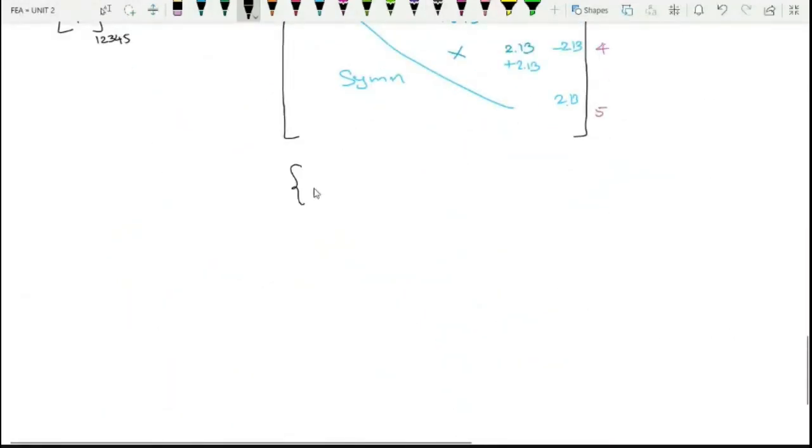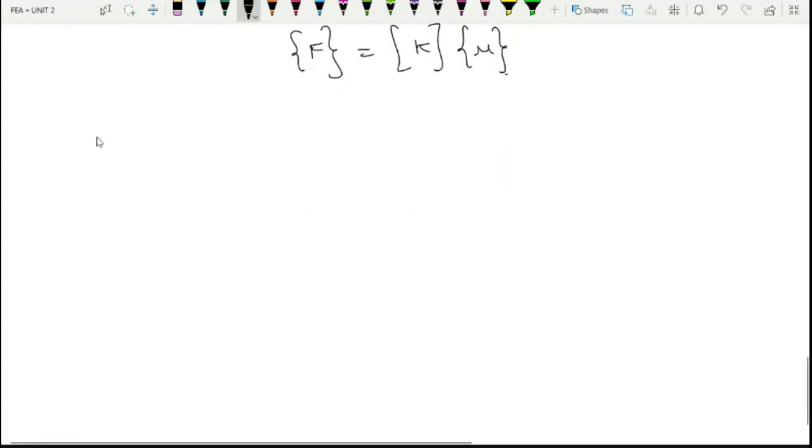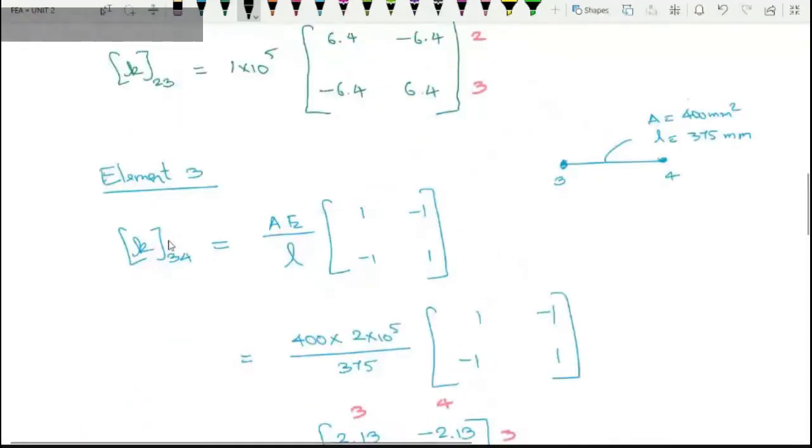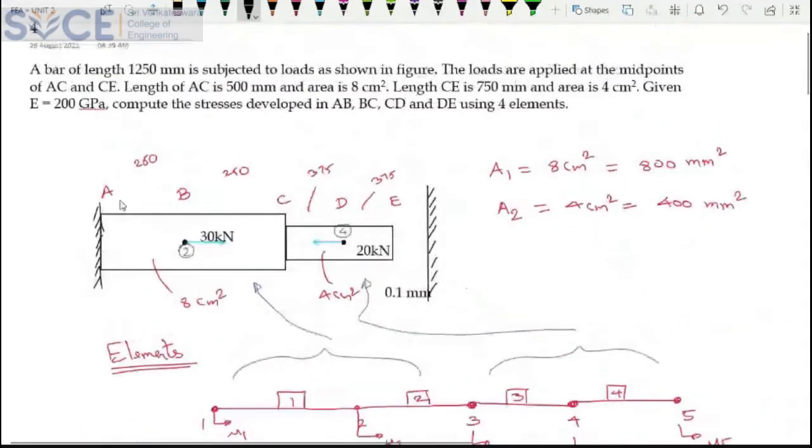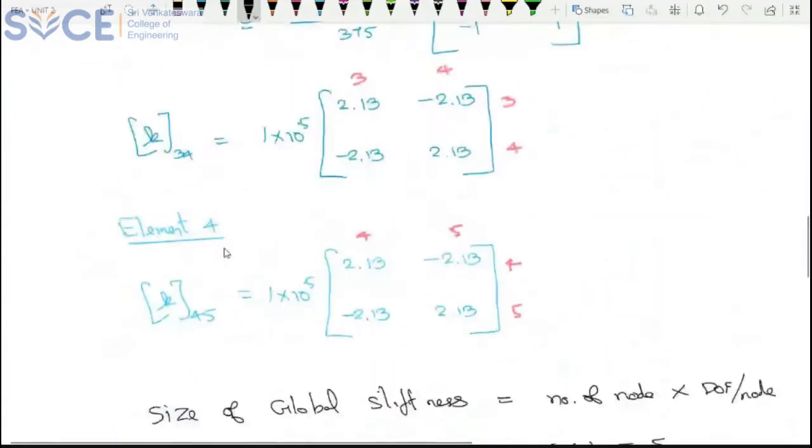So F is equal to K into U. Right? Let me write it out. So what is your F? F will be a 5 cross 1 matrix, indicating five nodal points. So nodal point 1, no force. Only at nodal point 2, you have 30 into 10 power 3.